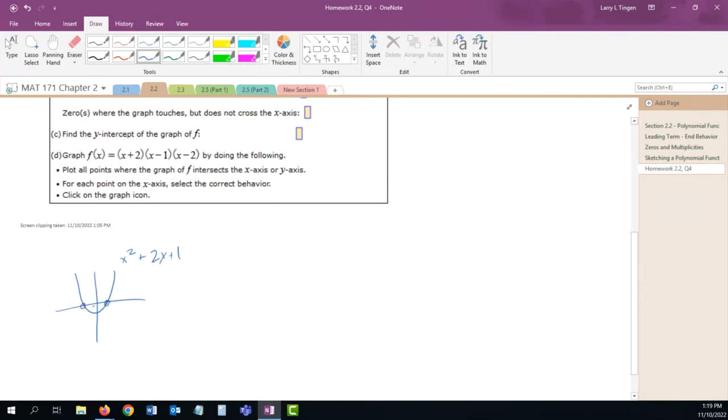Okay, 2 zeros, 2 x-intercepts, or 1 turning point. Right? I changed my behavior from decreasing to increasing. So at most, n real zeros, and n minus 1 turning points.